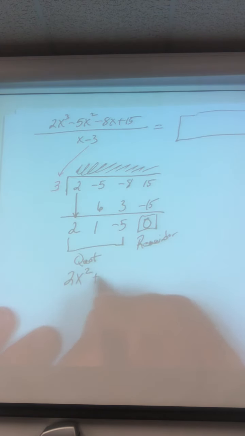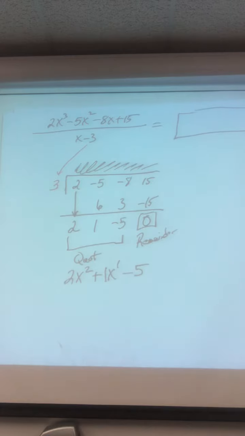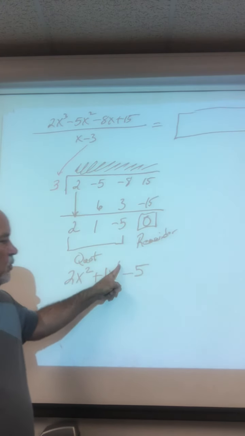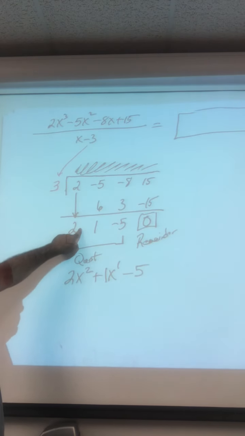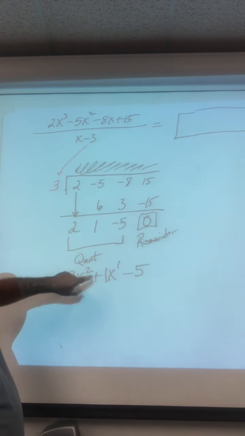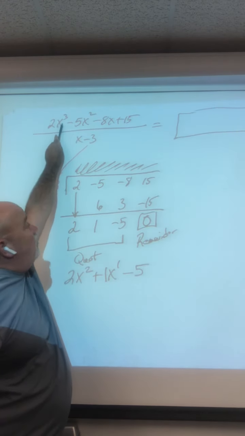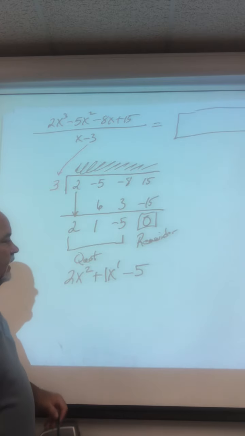2x squared plus 1x to the first minus 5. In other words, your answer will be in descending order: x squared, x to the first, and then your constant. The power on this first number will always be 1 degree less than what's in your dividend. Always 1 degree less.